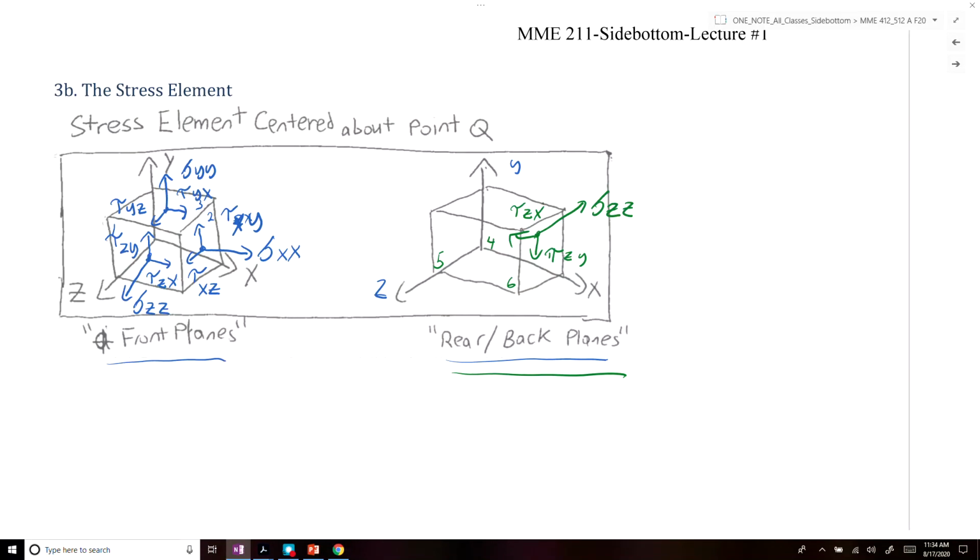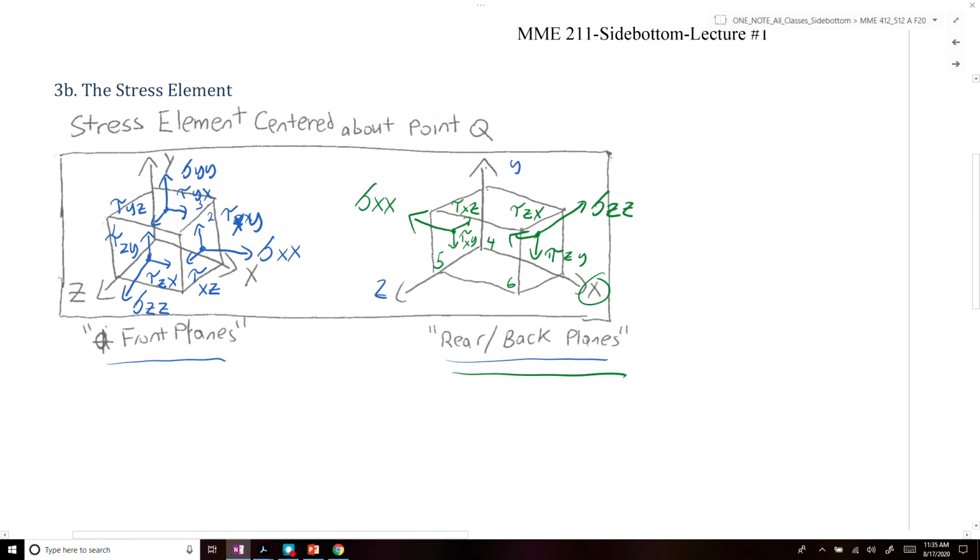For the left-hand side of our box, the x-axis is normal to it, so we'll have sigma xx. Notice that the positive direction for the back plane is going to be along the negative x-axis, and we'd also have tau xy and tau xz here.